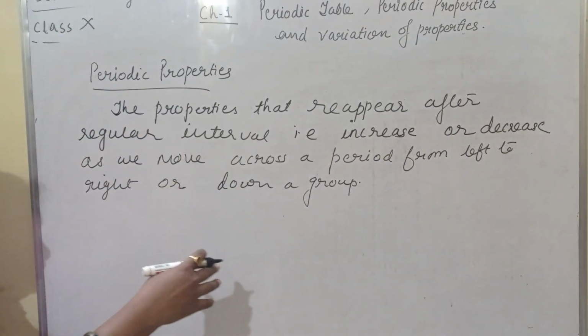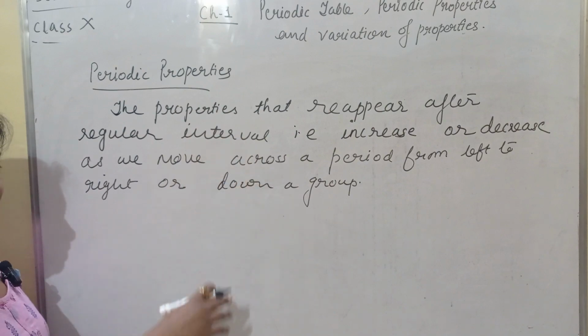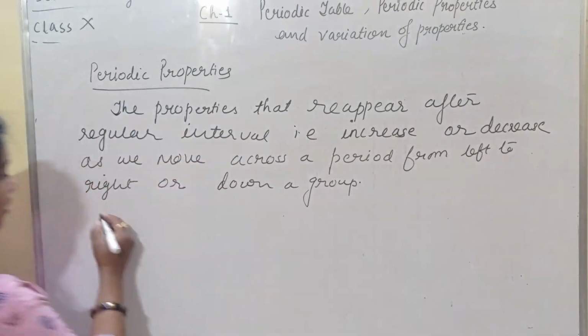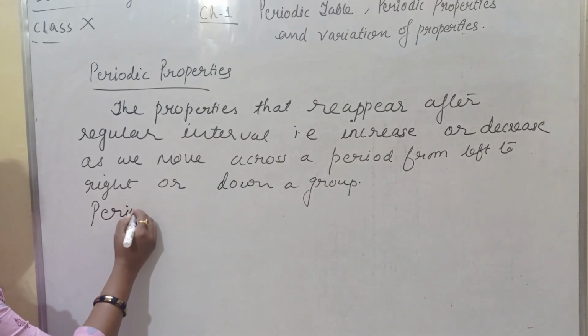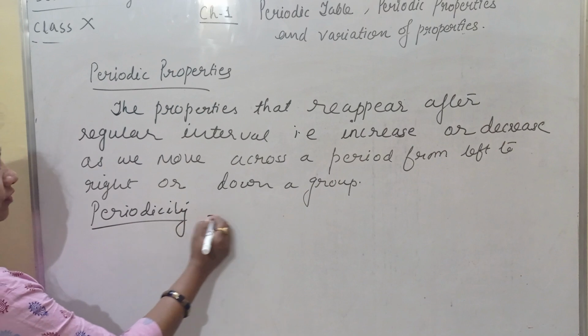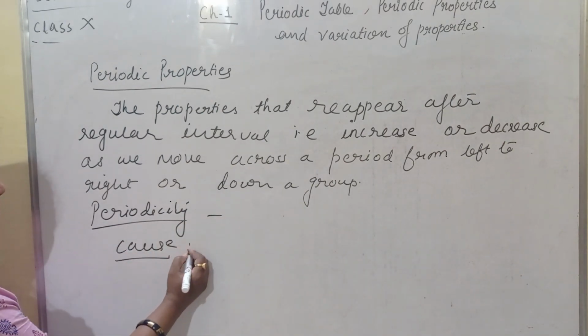And this phenomenon, the trends that we are talking about in this definition, is called periodicity. And what is the cause of this periodicity? Why does it happen?